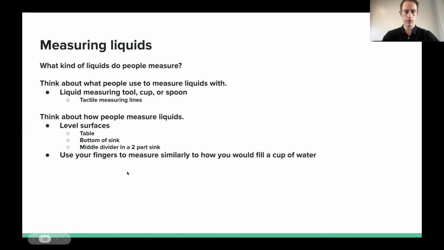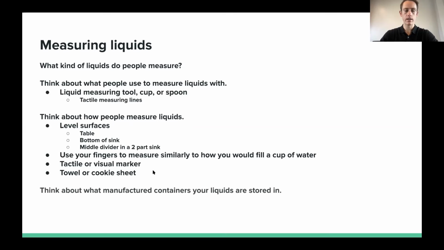And we're going to practice this shortly. So you could also have visual or tactile markers like I explained to help you see better and use whatever vision you have to know what measuring utensils you're using and also if you're filling it full enough. So again, you might want to use a towel or cookie sheet to stay clean and organized.